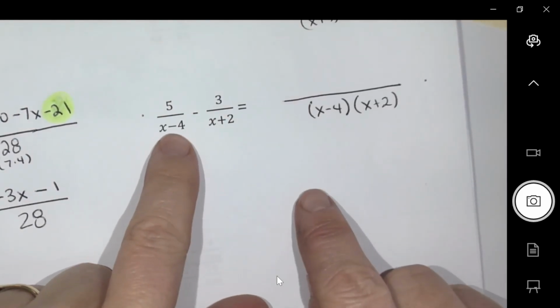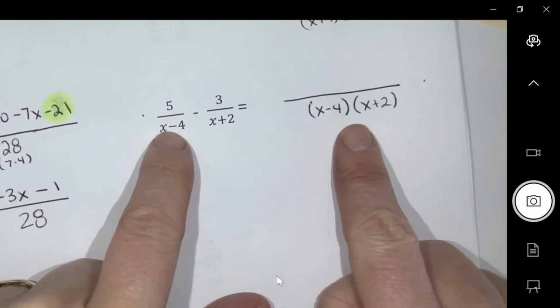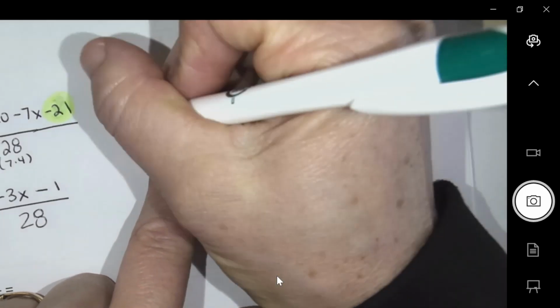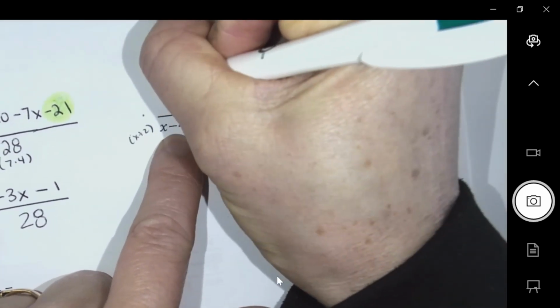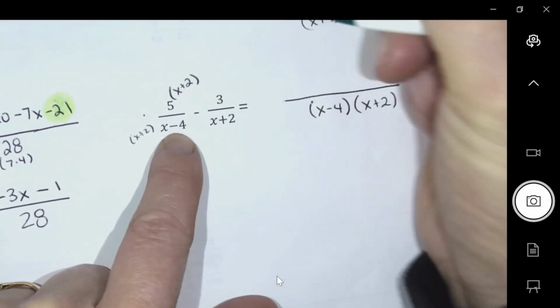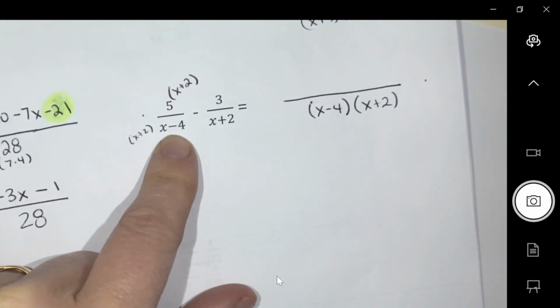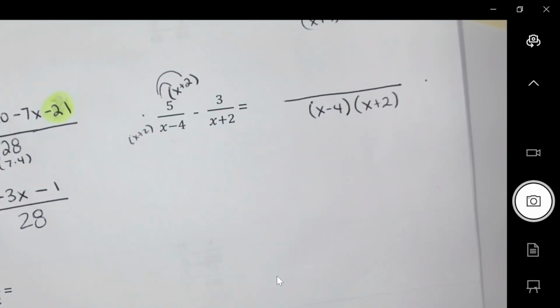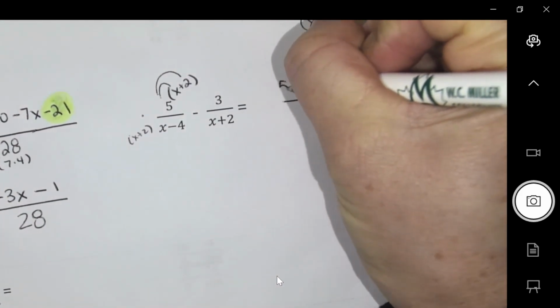Okay, what did you do from here to here? You multiplied it by an x plus 2. You're going to have to multiply the top by x plus 2. Okay, so work that through.